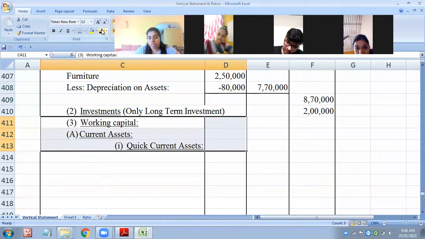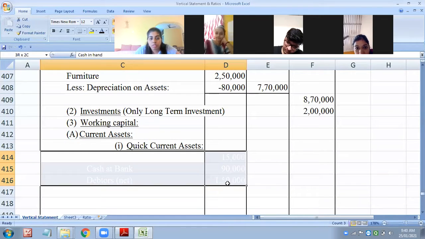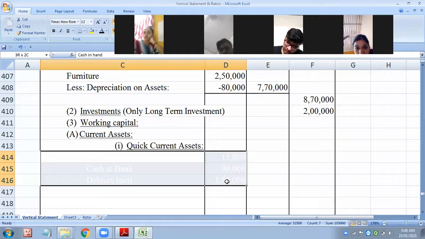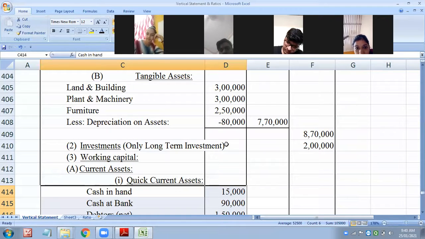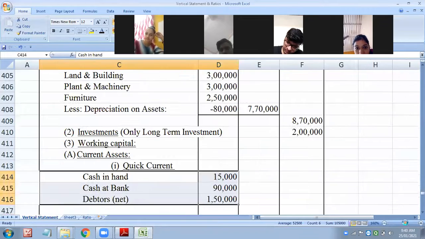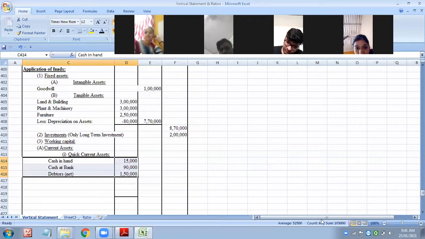Working capital will consist of current asset. In current asset, it will be quick current asset. So write down till your, थोड़ा मैं छोटा करता हूँ.